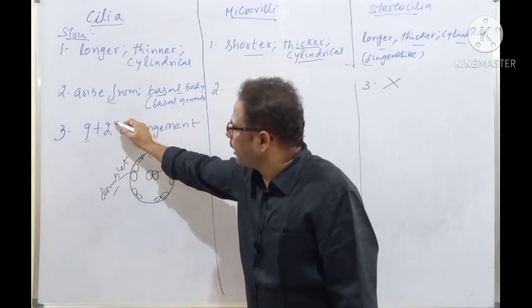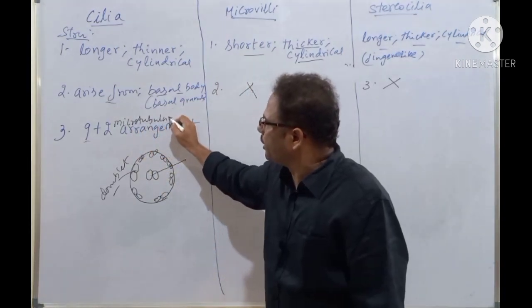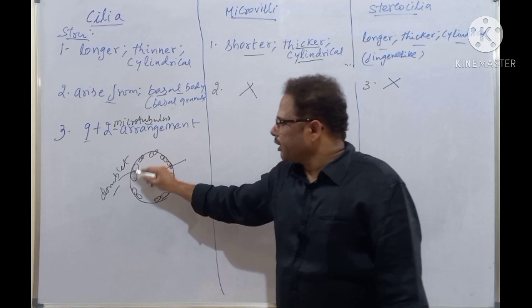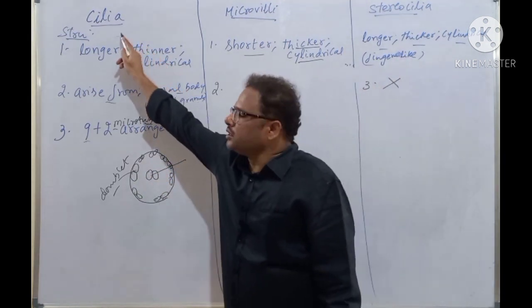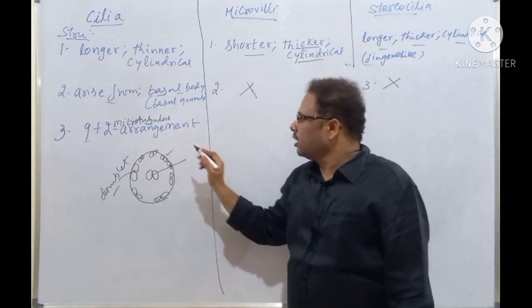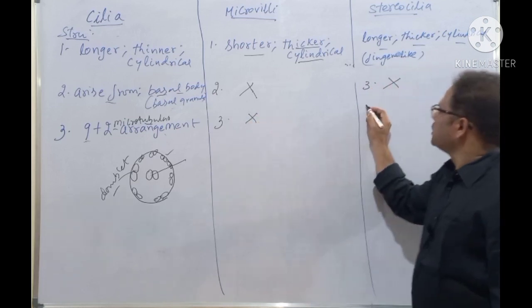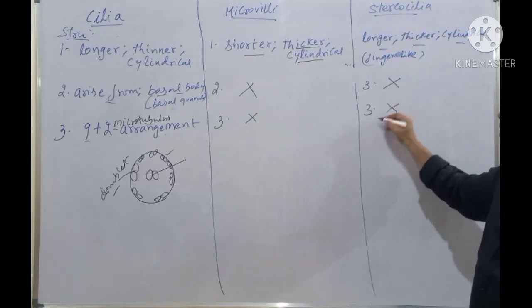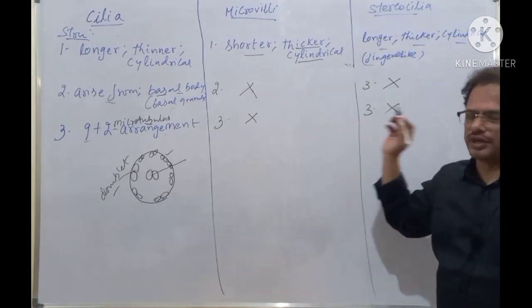That's why it's called the 9+2 microtubular arrangement. This is present only in cilia, whereas it is absent from microvilli as well as the stereocilia. In both, this 9+2 microtubular arrangement is absent. Clear?